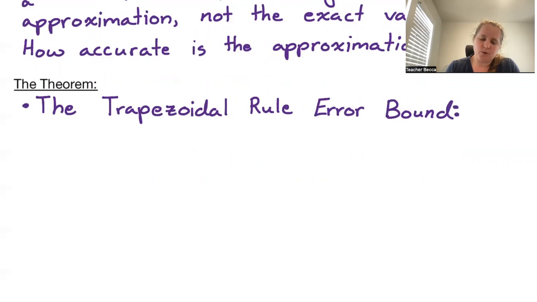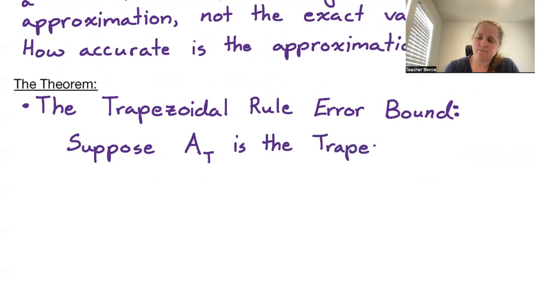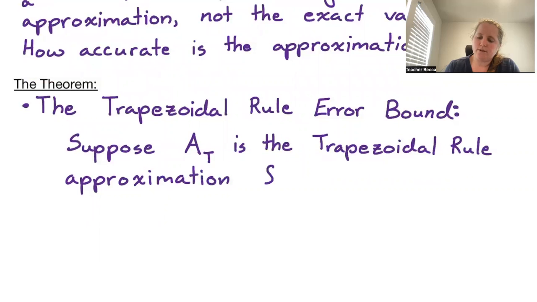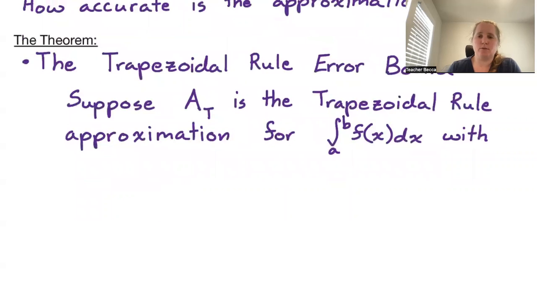let's go ahead and suppose that A sub t is the trapezoidal rule approximation for the definite integral from a to b of f of x dx with n equally spaced subintervals.